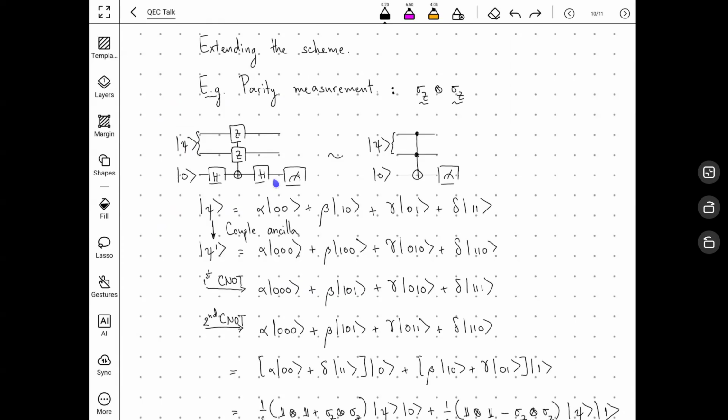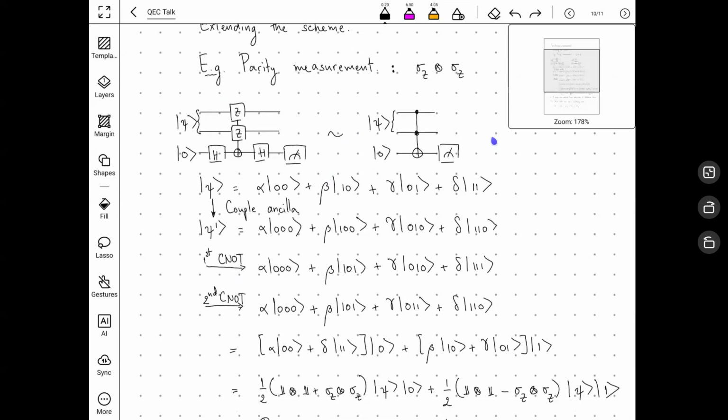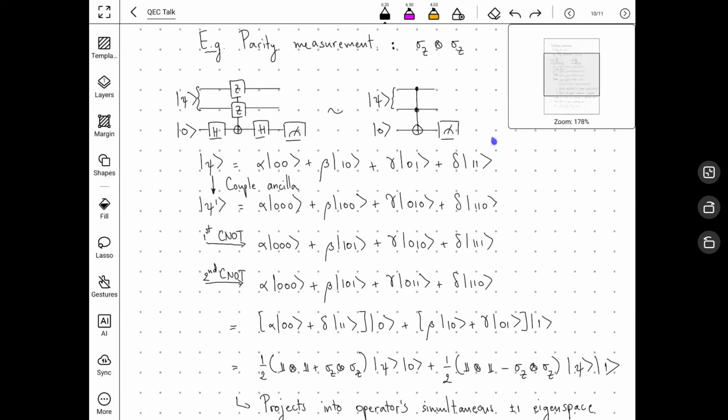So you can extend it to this form, just use the control set and link it up here, which is equivalent to using a Toffoli gate. By the way, do you know what parity means in this case? It means whether the values of the two bits are the same or not.